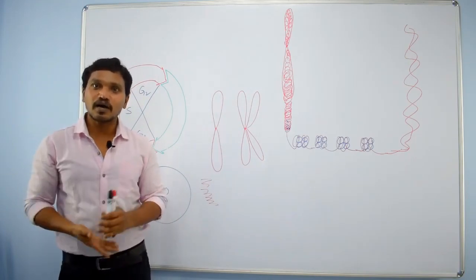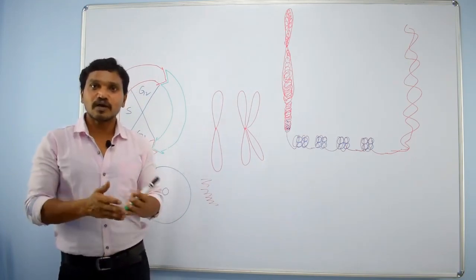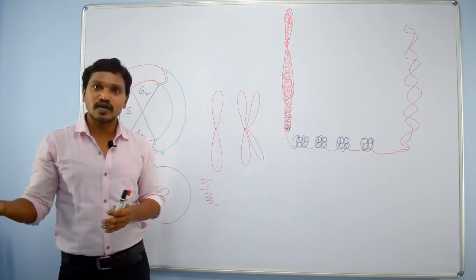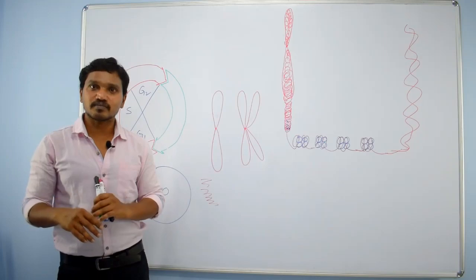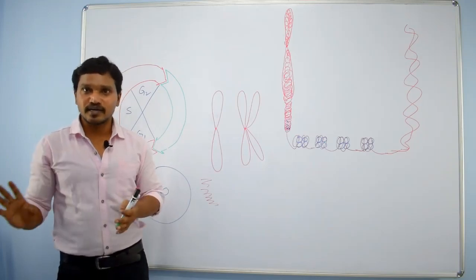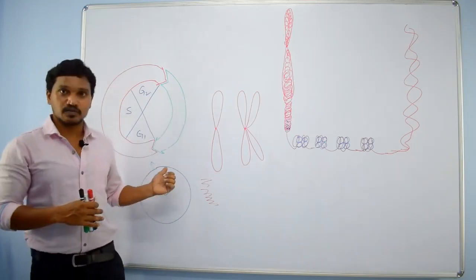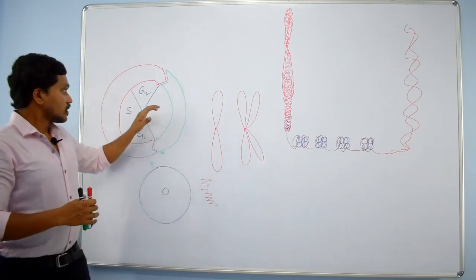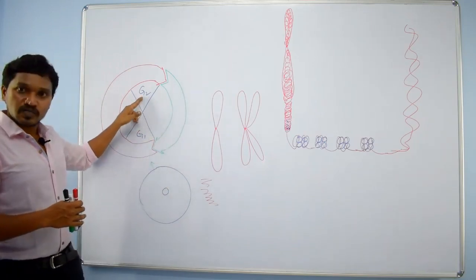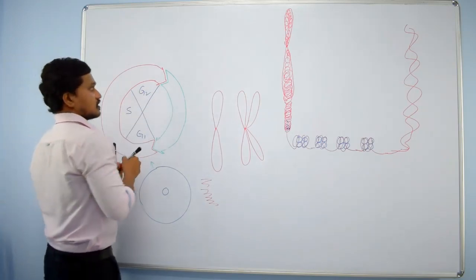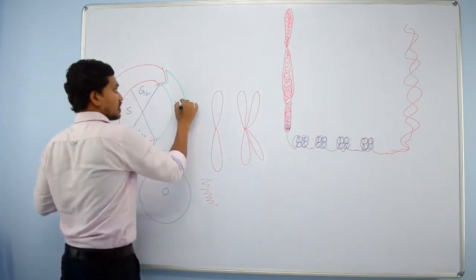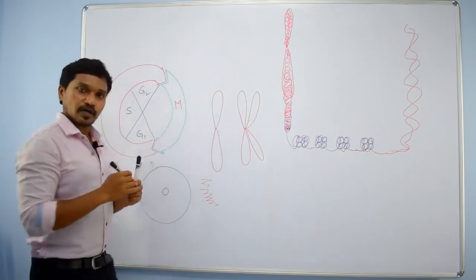Like the division of a family only. When one family is going to divide into two families, at that time they will arrange two sets of everything, right? Then they will divide. Same thing will happen here also. Clear? Then once G2 is completed, it will enter into M phase. This phase we are calling M phase, right?